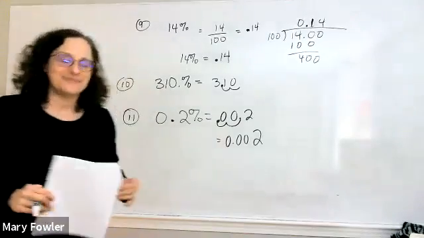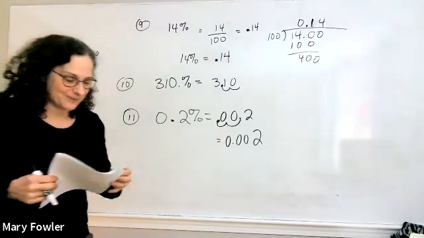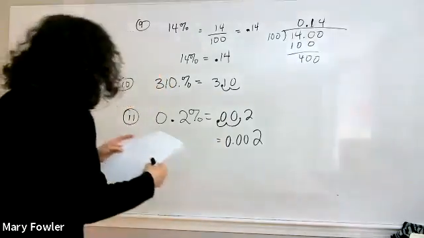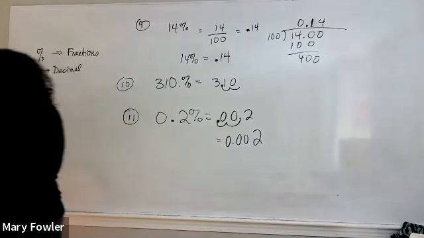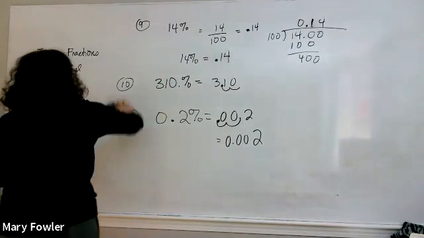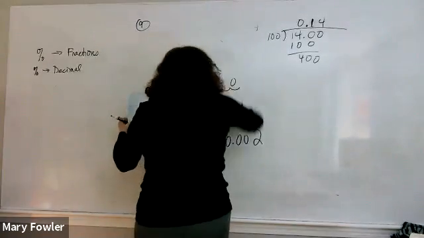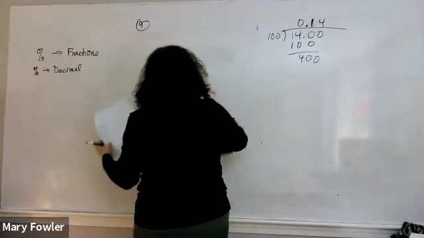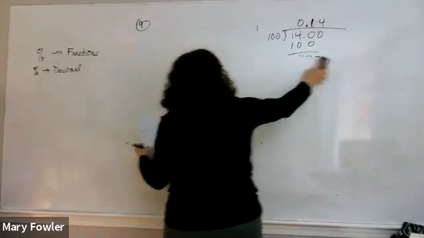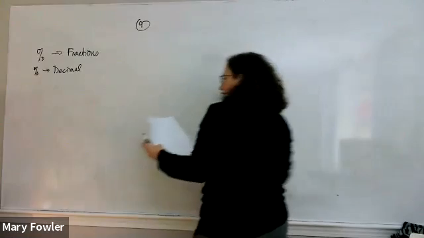Now we want to go to the next problem. It's going to be different, because we're not going to just be moving the decimal point, because it's 4/5%, number 12. 4/5%. Let's go.